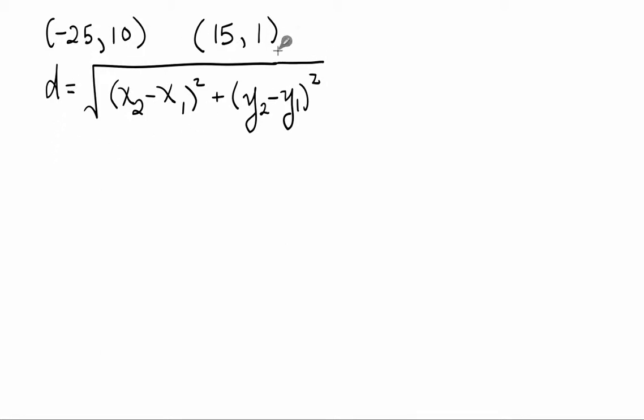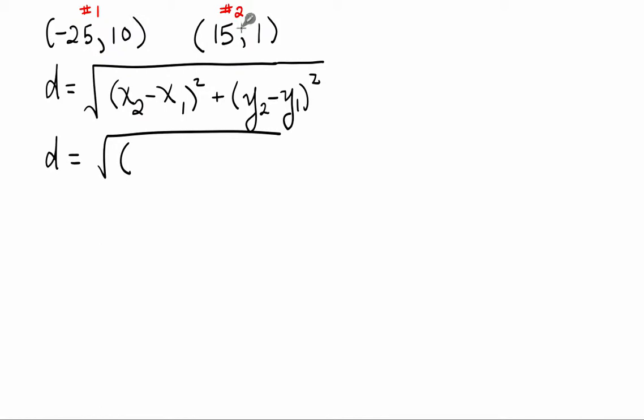Now, it doesn't actually matter which of the 2 points you call point number 2 and point number 1, but just because this point is to the right, I'm going to call this point number 2 and this point number 1. So, we would need to take the various numerical values, sub them in.